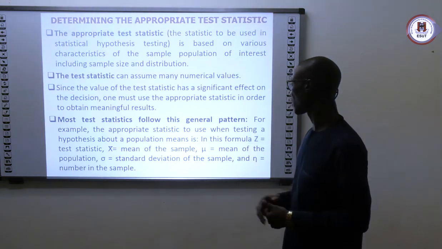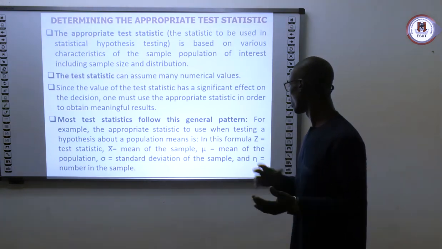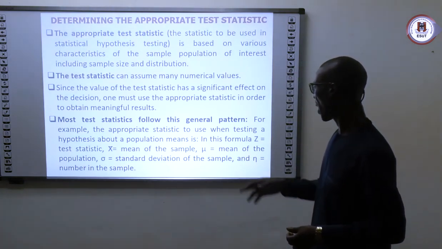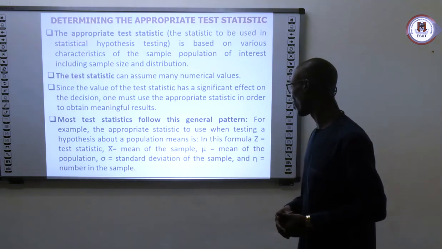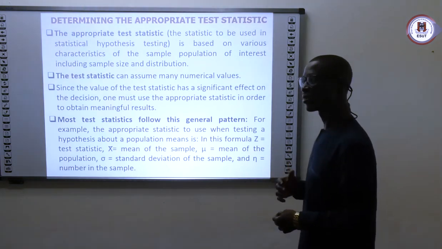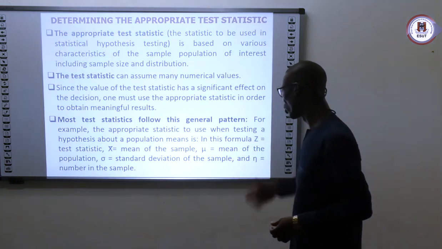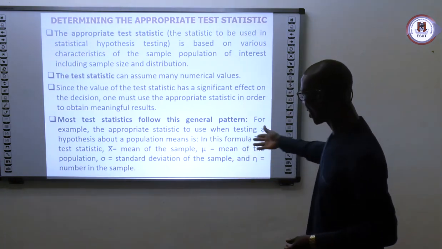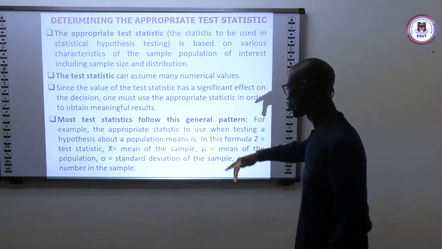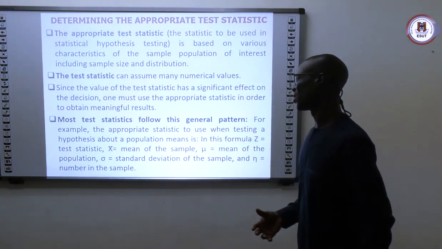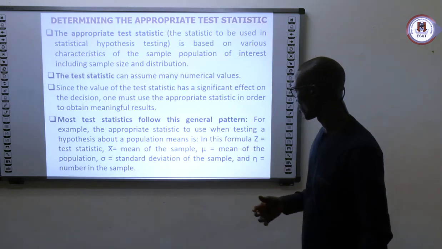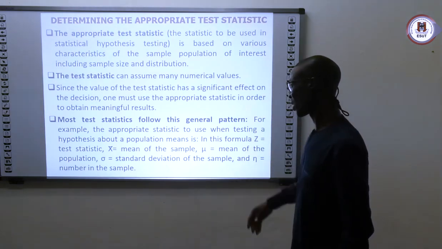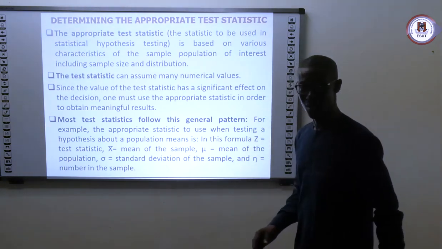Most test statistics follow some general pattern. For example, the appropriate test statistics to use when testing the hypothesis about population mean is the Z test statistics, and this follows normal distribution. So here we have some symbols that represent the parameters we use in test statistics. We have Z, which represents a normal distribution.